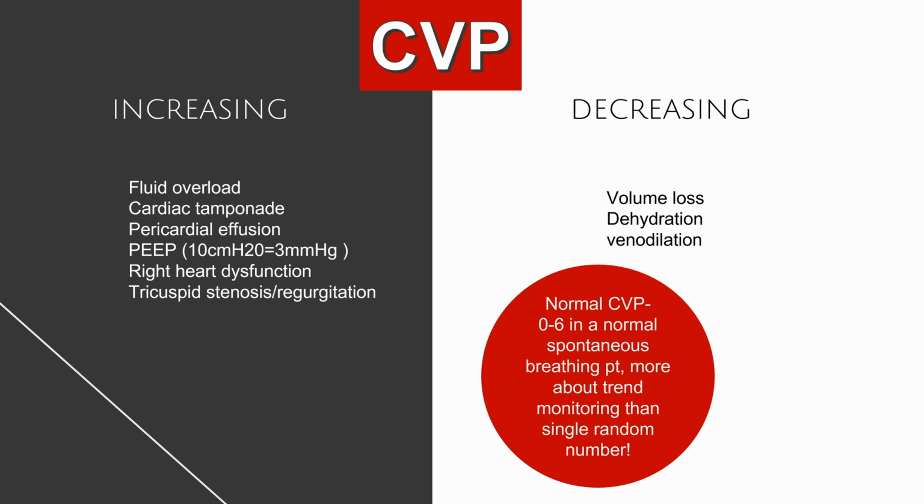And in regurgitation, with the backflow of blood in the wrong direction, we'll also have an increase in volume and pressure. On the opposite side, on the decreasing side, we might have volume loss and therefore less volume, less pressure in our right atrium, dehydration as well, and of course veno or vasodilation.